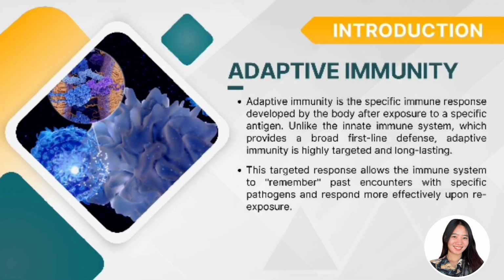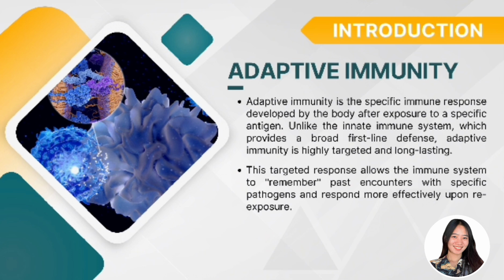Before we dig deeper into cell-mediated immune responses, let us first define what adaptive immunity is. Adaptive immunity is a specific immune response developed by the body after exposure to a specific antigen. Unlike the innate immune system, which provides a broad first line of defense, adaptive immunity is highly targeted and long-lasting.